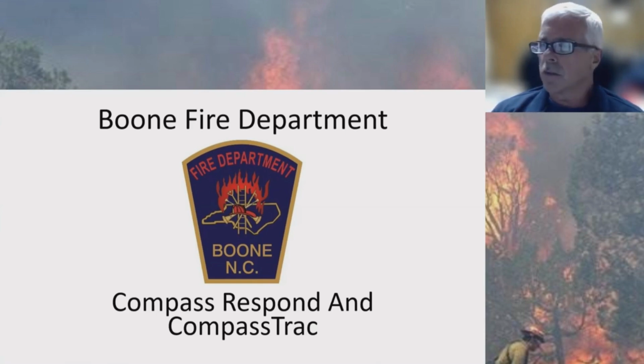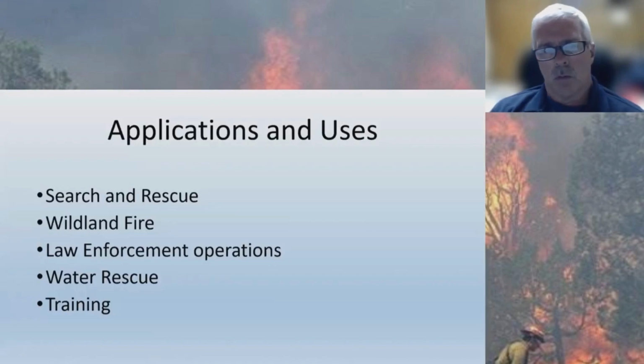Next slide, please. So as we evolved with Compass Track, originally on our server, we found several uses that were extremely beneficial that we didn't necessarily think about when we started using Compass Track.